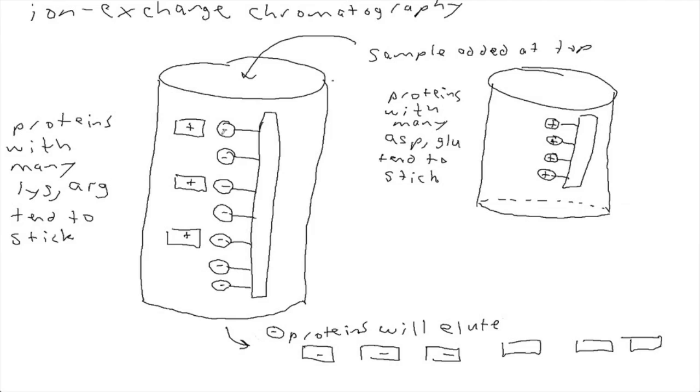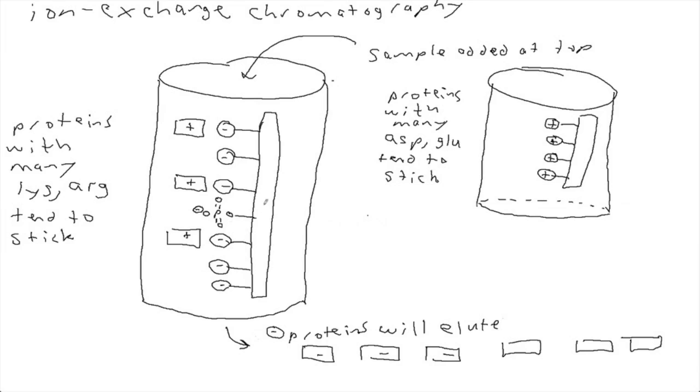So for example, the column might have lots of phosphate groups attached, like so. Phosphate groups would be a good thing to put on the column.